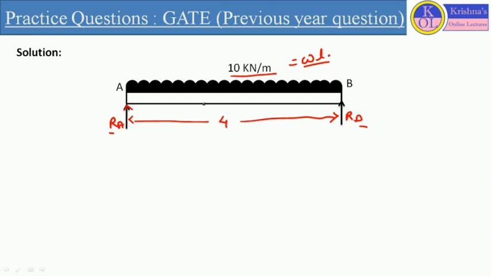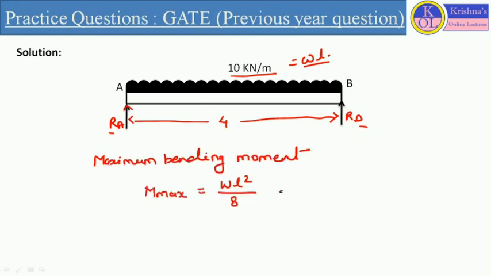Now this is a very simple case. If you remember the concepts of shear force diagram and bending moment diagram, if we consider any beam which is simply supported at both ends and carrying a uniformly distributed load, we have a direct formula for the bending moment. If we want to define the maximum bending moment, we can define it by the direct formula, that is Mx equals WL square by 8.